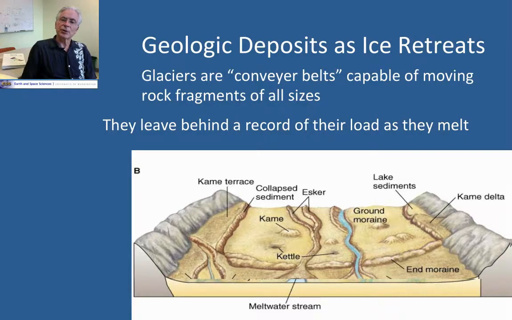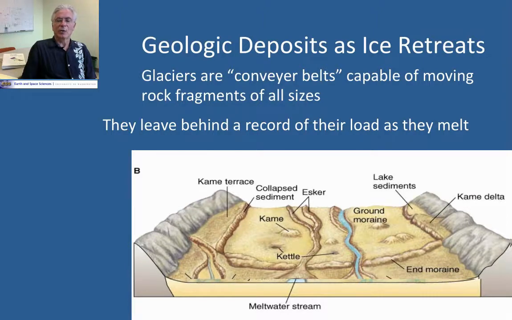There are eskers, which are deposits that were laid down in streams running between the earth surface and the ice. So the channels in the ice got choked, filled with gravel. Kames are the deposits of a stagnant ice.